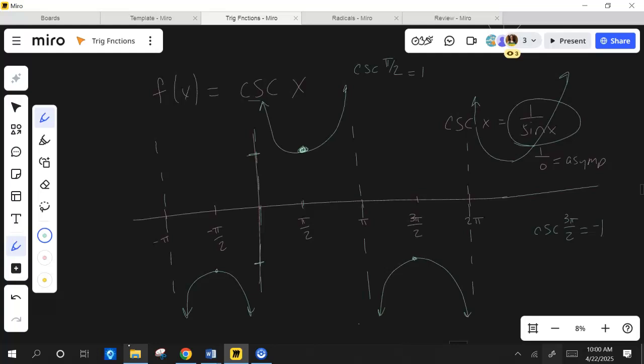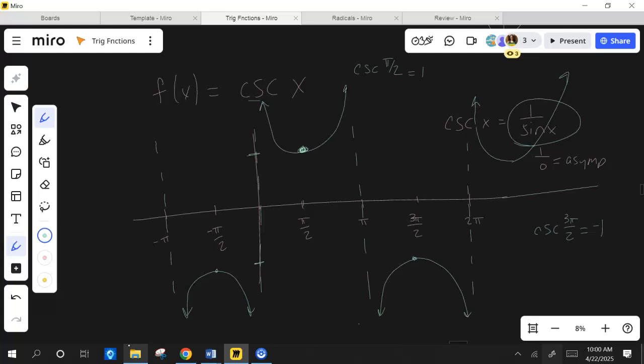How about the amplitude? How did I tell you we find amplitude? Amplitude is height, but it's the highest minus the lowest, and then I cut it in half. But what do you notice about this? It goes on forever up and it goes on forever down. It has no amplitude. So there's none.